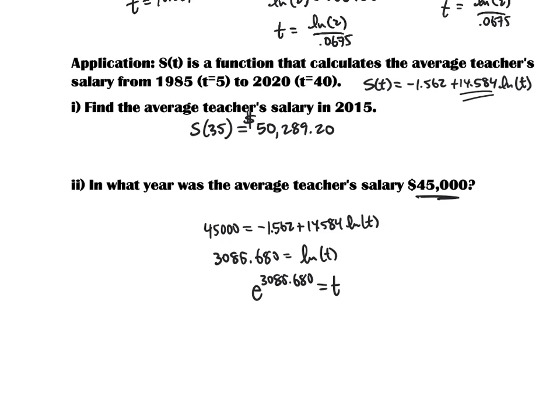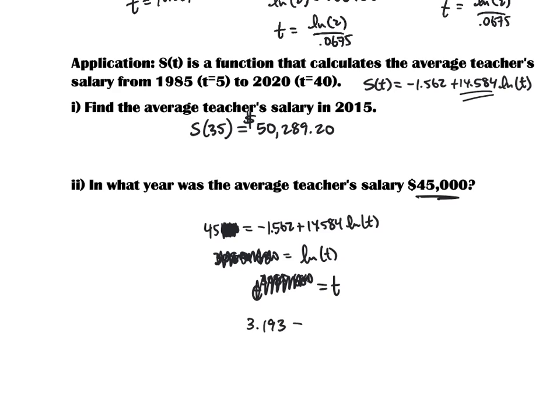The issue is that I should have plugged in just a 45, because e to that number is extremely large. So I'm going to go back to my original and call that 45. I'm going to divide that by 14.584. This is really good to get used to. I'm going to get 3.193.